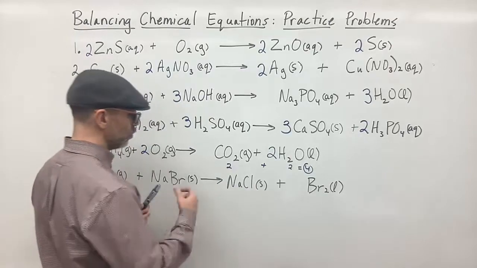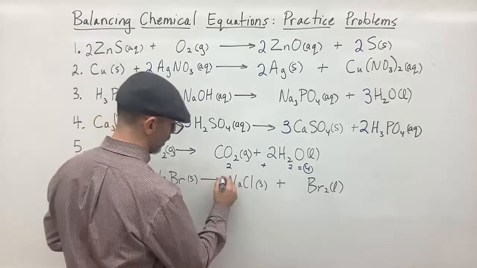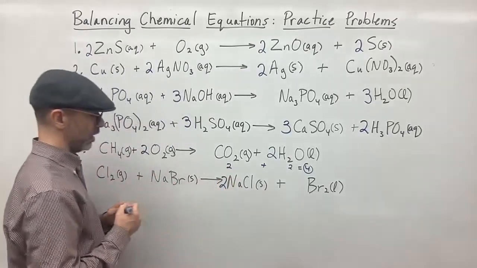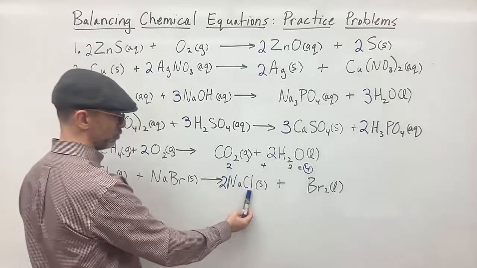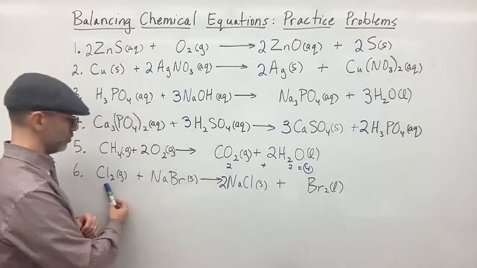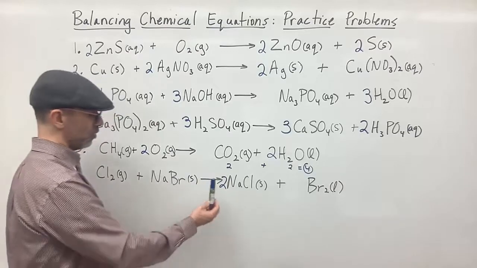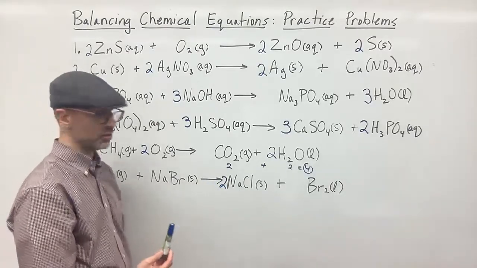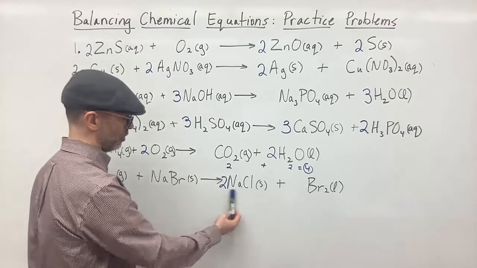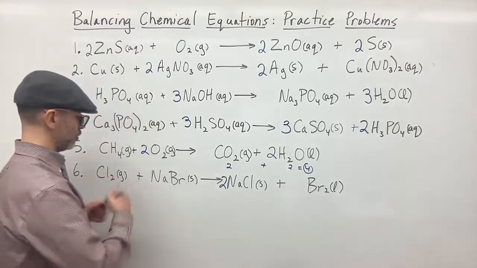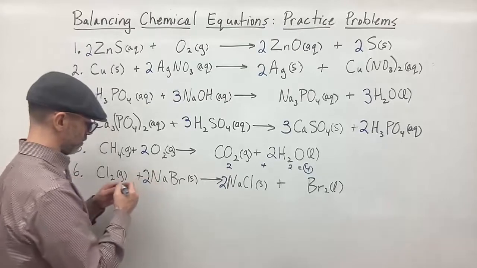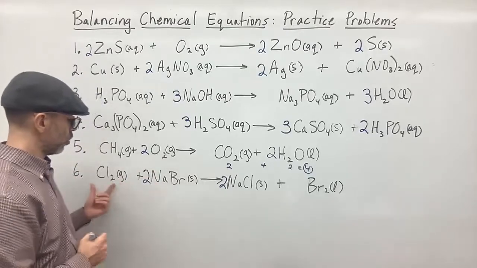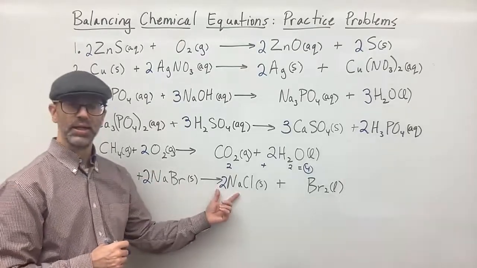So we could balance this by putting a 2 in front of NaCl. So now I have my 2 chlorine, and I have my 2 chlorine. So the sodium is unbalanced now. So now I have to go back to sodium and balance that. I have 2 sodium here, and I have 1 there, so I'm going to have to put a 2 in front of the sodium. So the chlorines and the sodiums are now balanced.